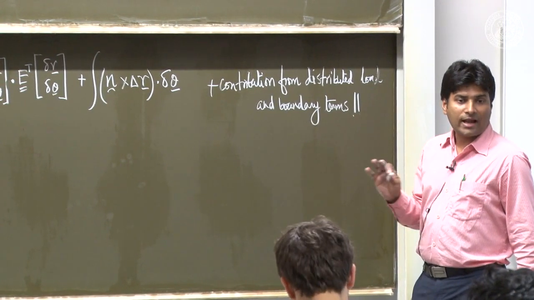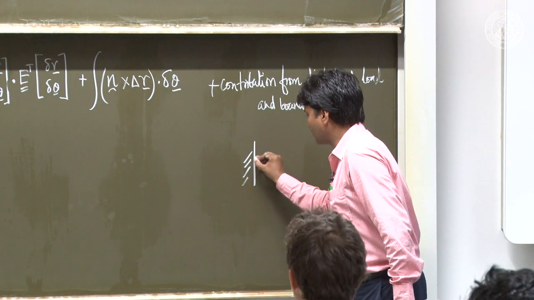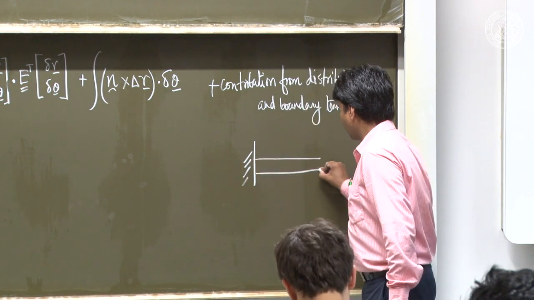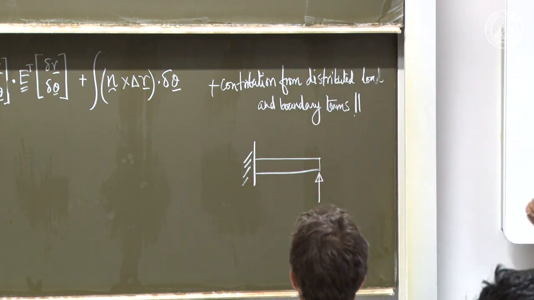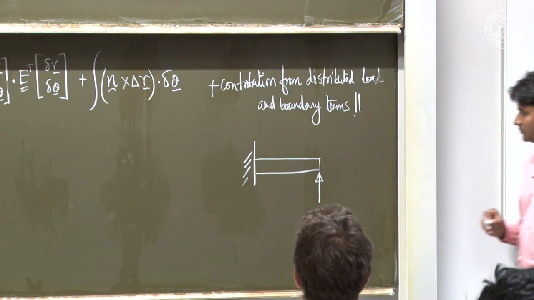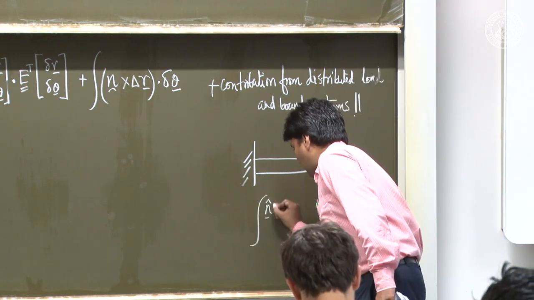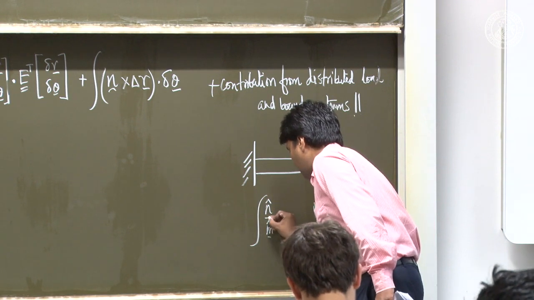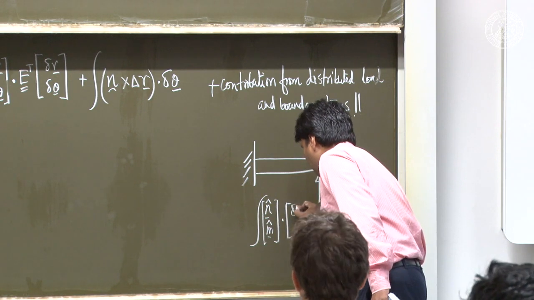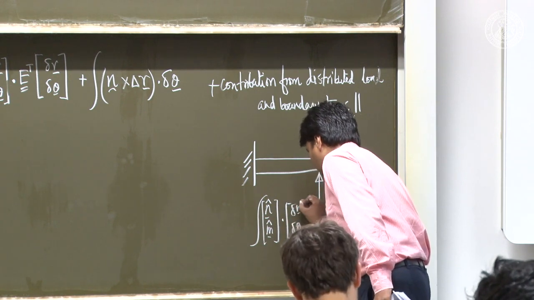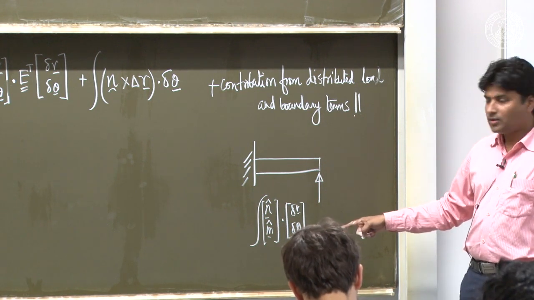Now, think about the cantilever case. In case of cantilever, the weak form had n hat m hat dot with del little r del little theta from the distributed load.